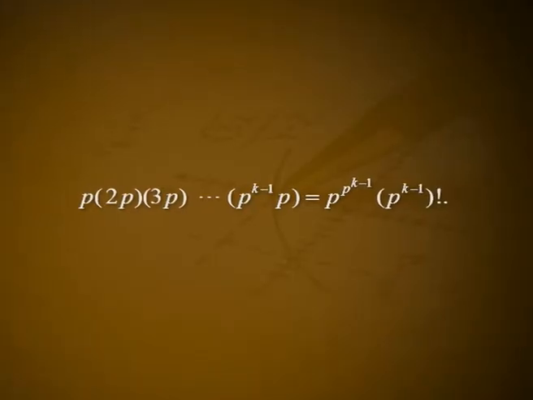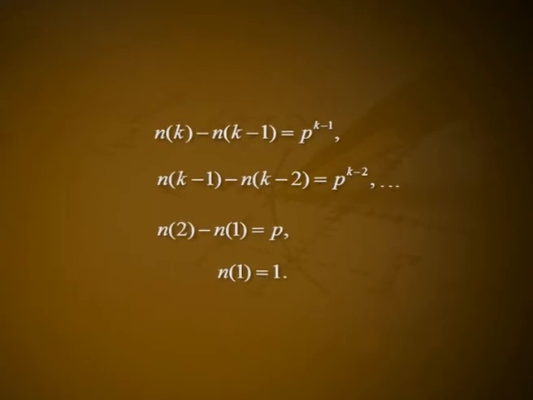Clearly, only the multiples of p, that is p, 2p, etc., p^(k-1) into p. In other words, n(k) must be the power of p which divides p into 2p into 3p into etc. into p^(k-1) into p, that is equal to p^(k-1) into p^(k-1) factorial.